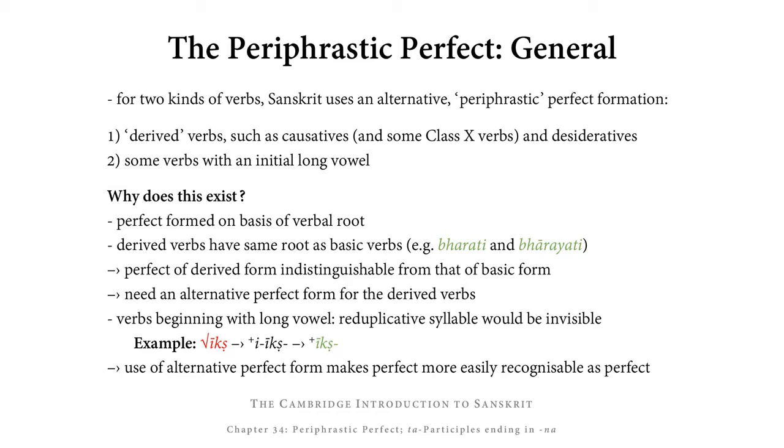And so if we have i, the reduplicative syllable, plus iksh, the root, then those would contract to iksh, and that would look just identical to the root. You would not see the reduplicative syllable there. So, the use of an alternative perfect form would make the perfect of such verbs more easily recognizable as a perfect.